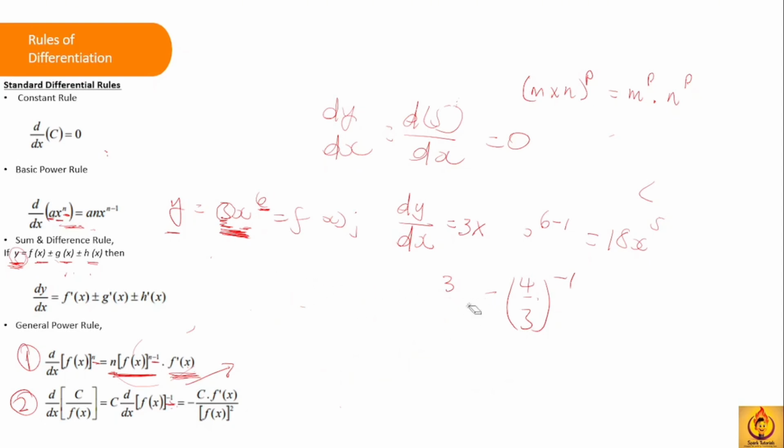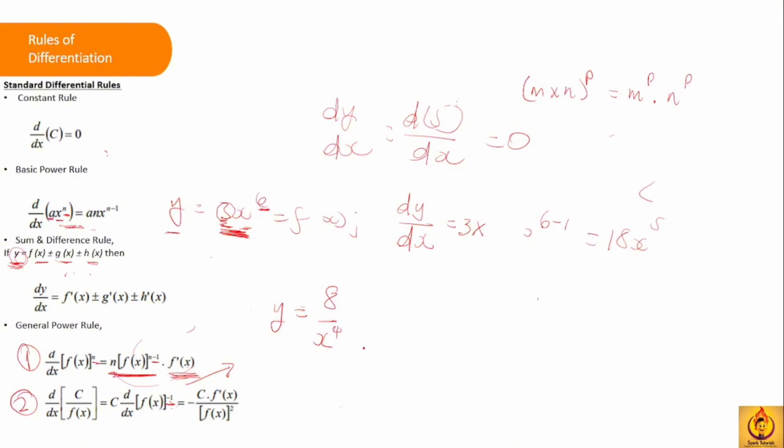Let's say we have an example defined as y is equal to 8 over x to the power 4.